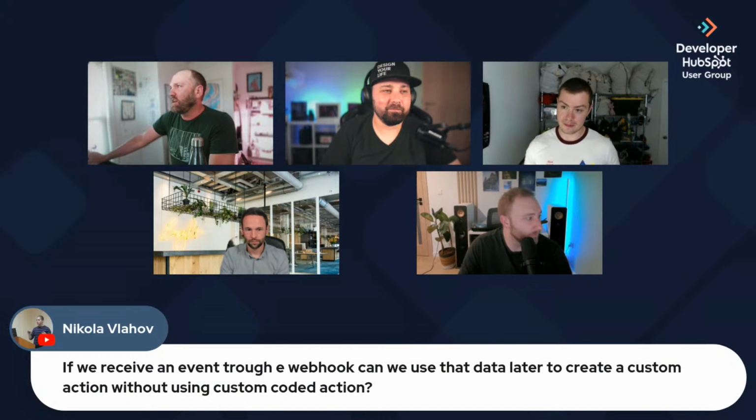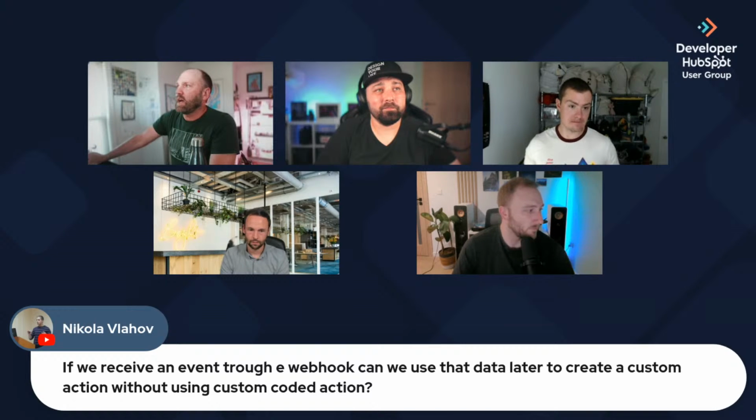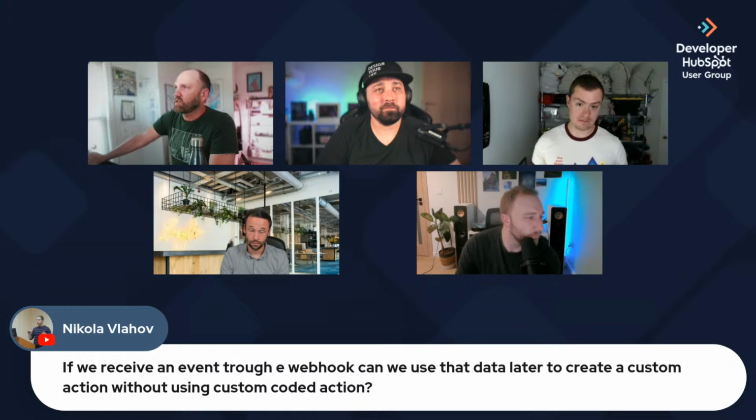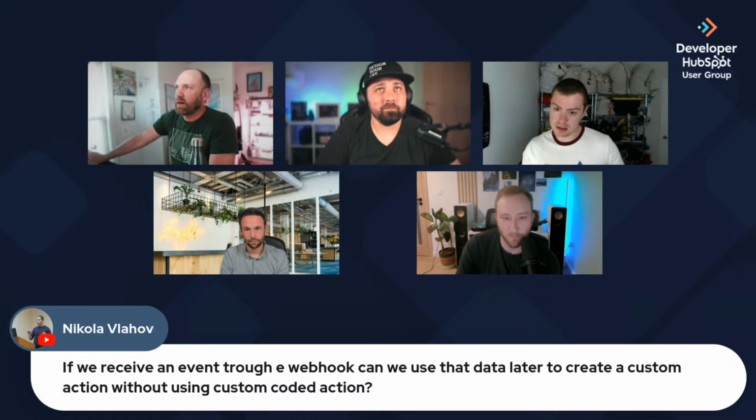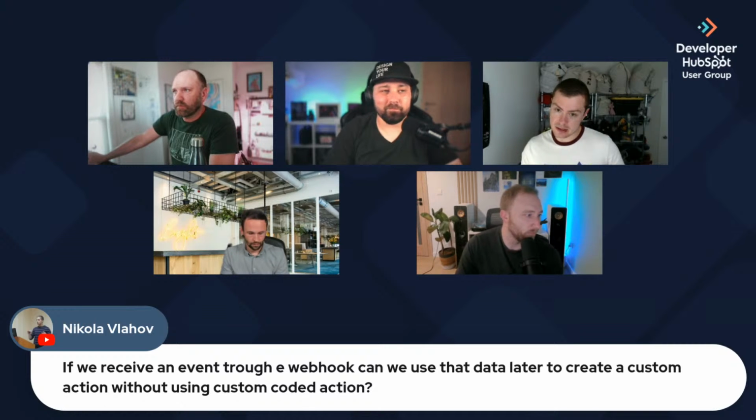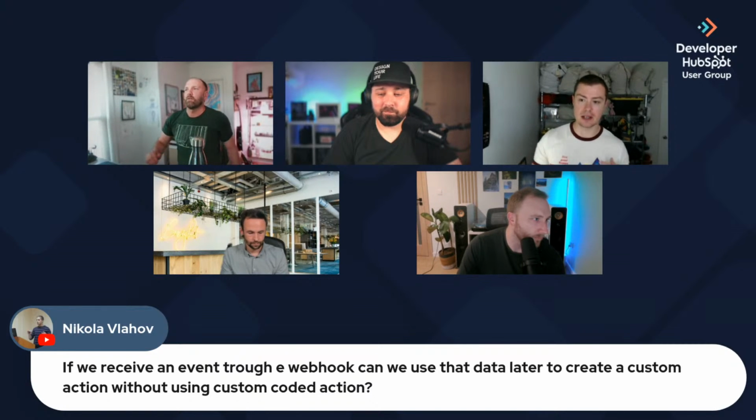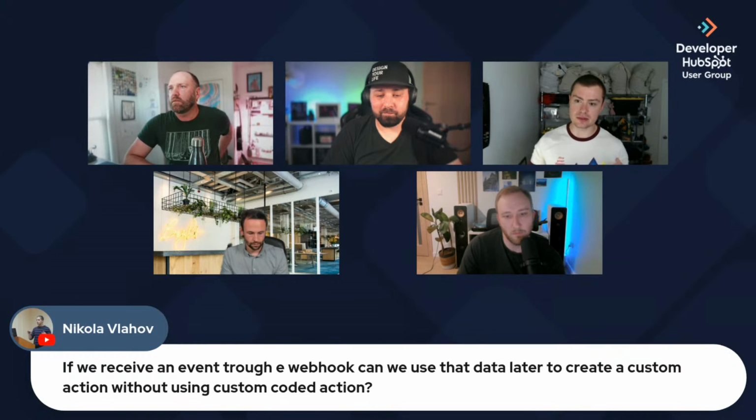Nicola said, if we receive an event through a webhook, can we use that data later to create a custom action without using custom coded actions? It's a curious question. Angus, I'll let you decipher it for me. The custom action you configure independently. That's something that you set up once and then reuse multiple times across your workflow.